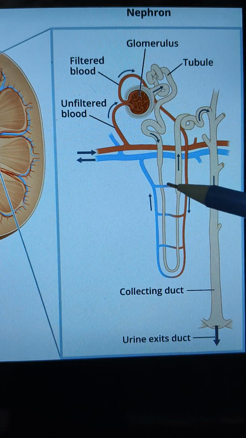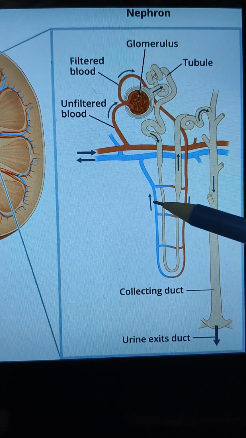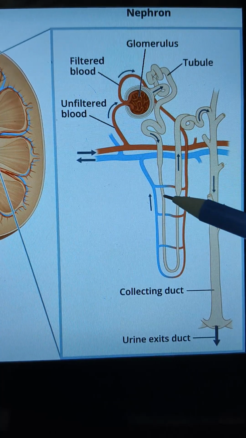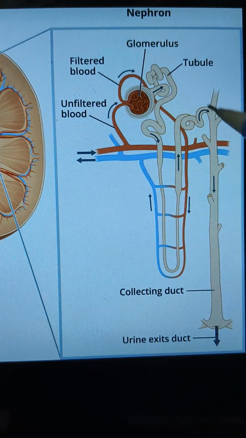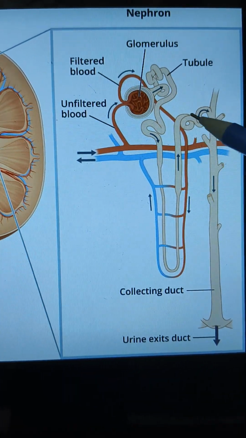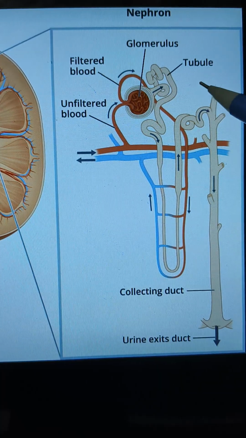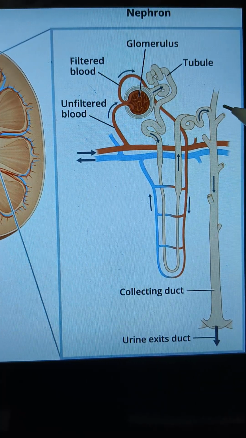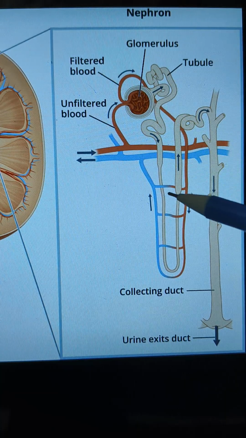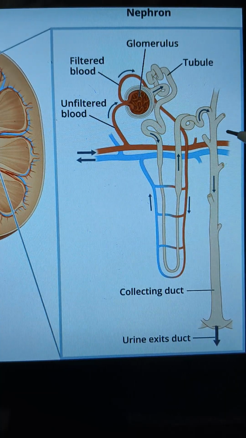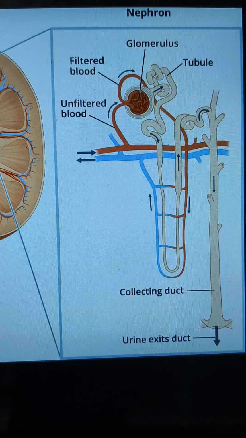Loop of Henle has two parts, descending loop of Henle and ascending loop of Henle. After that, DCT, distal convoluted tubule, and the distal convoluted tubule delivers the filtered urine to the collecting duct.